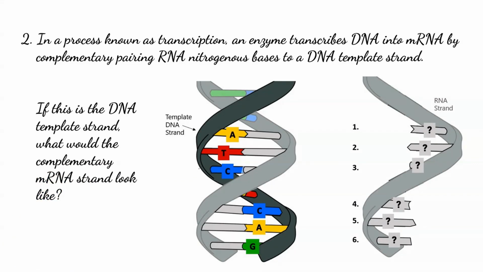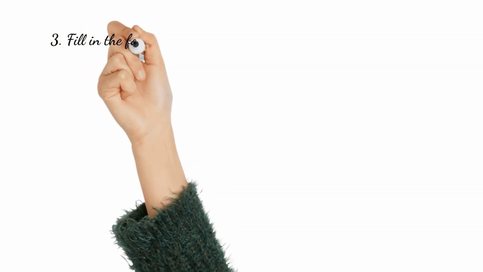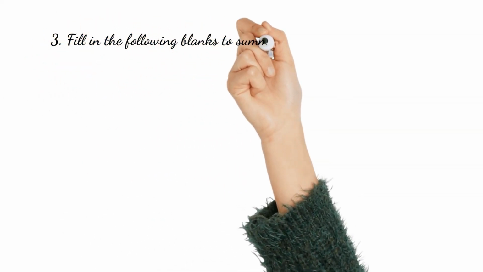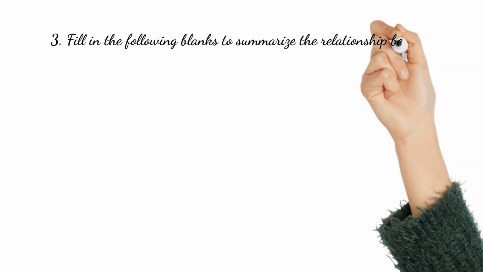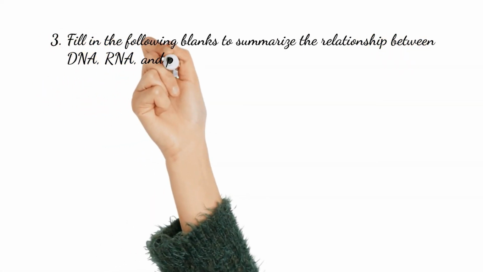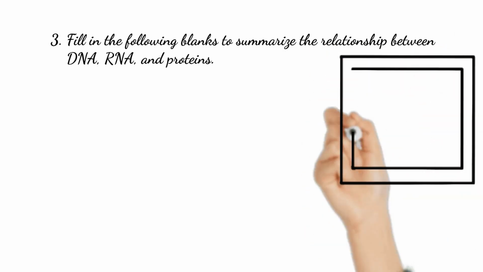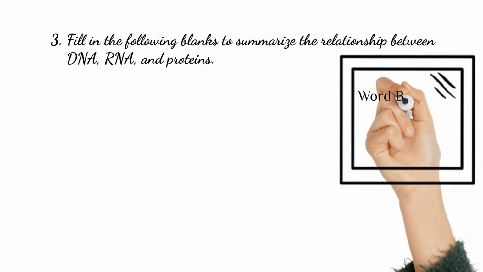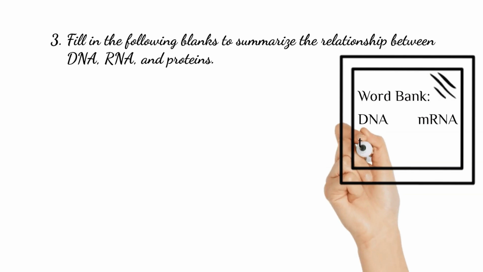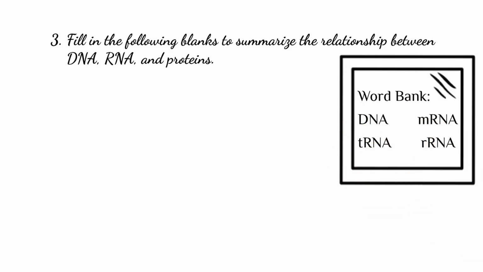Okay, and now last but not least, I want you to fill in the following blanks to summarize the relationship between DNA, RNA, and proteins. I've provided a little word bank for you to choose from to fill in these blanks. Sound good? Okay.